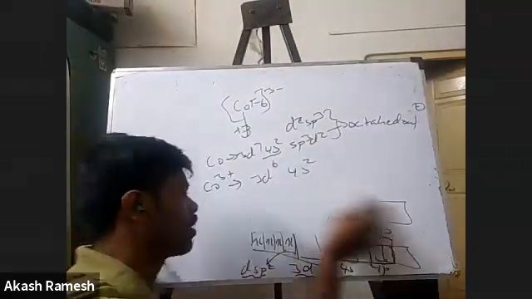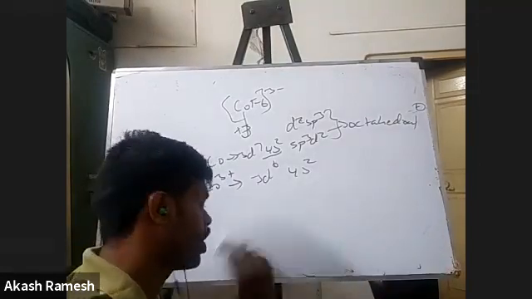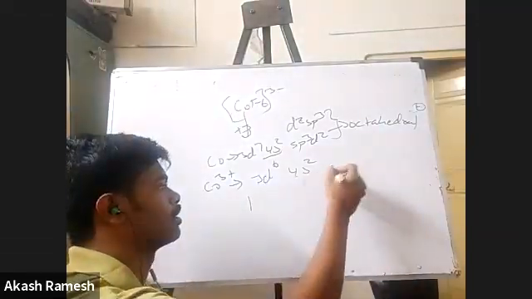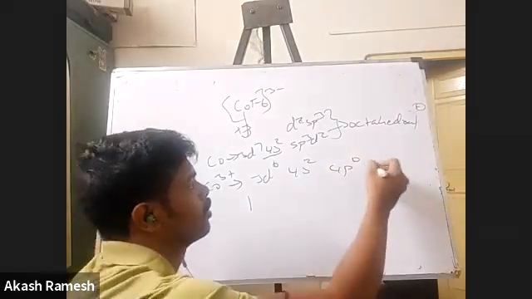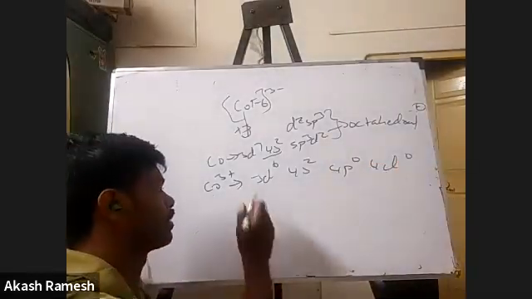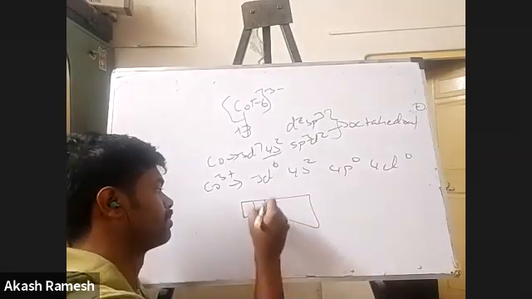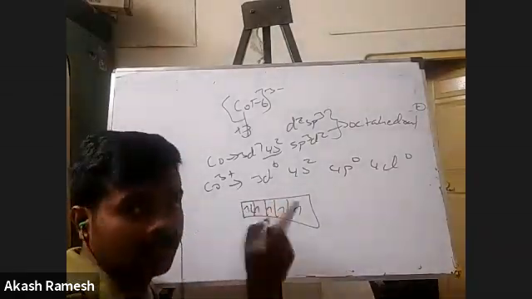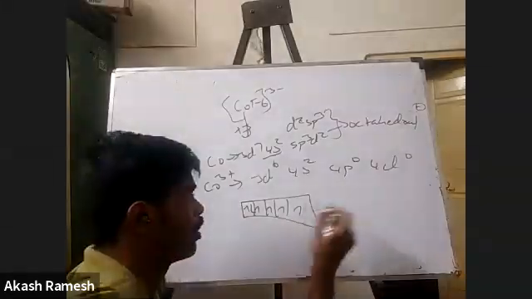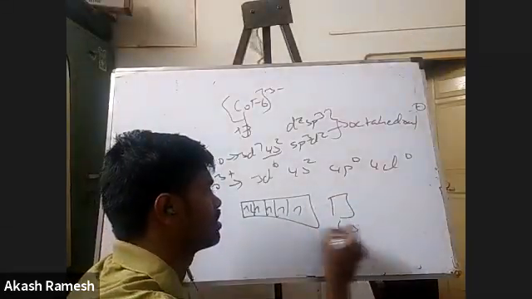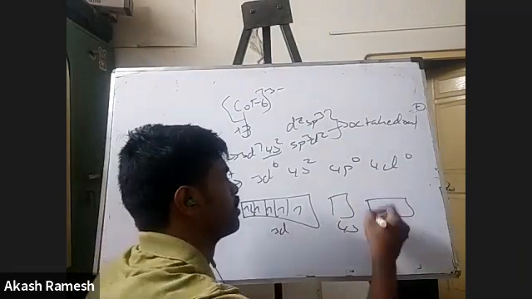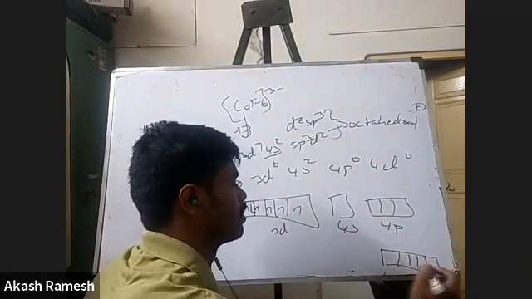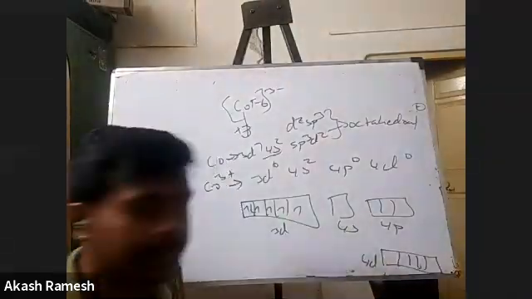Now if I write the orbitals along with electrons, 4p is also 0, 4d is also 0. 1 2 3 4 5 6, Hund's rule, remember you have to follow it. This is 4s, this is 3d, this is your 4p, this is your 4d.